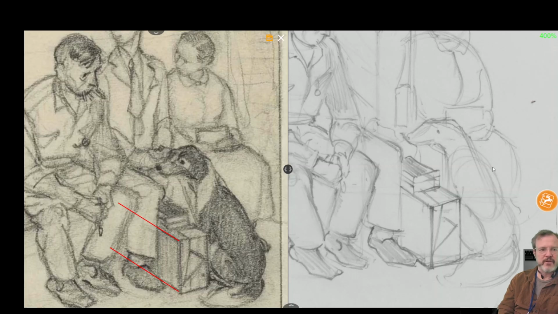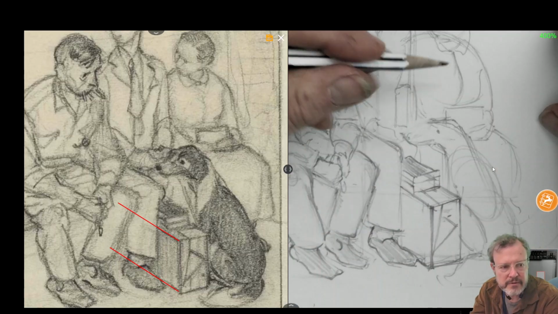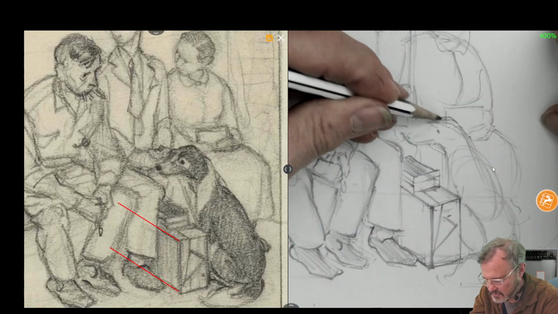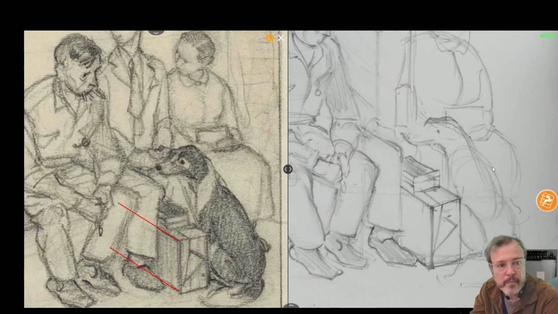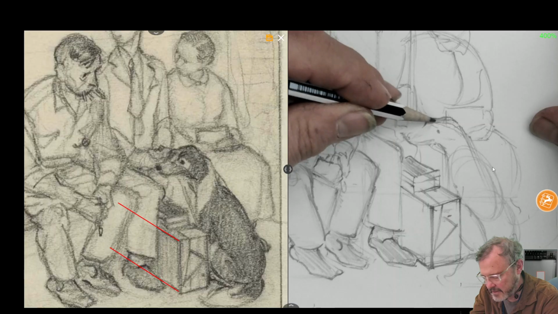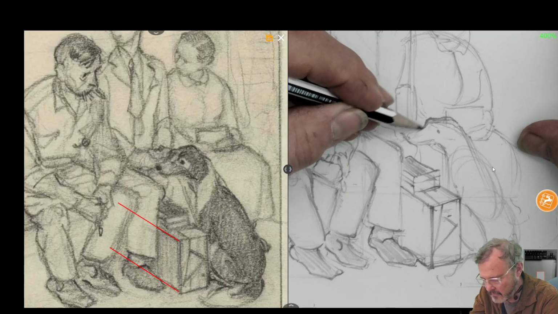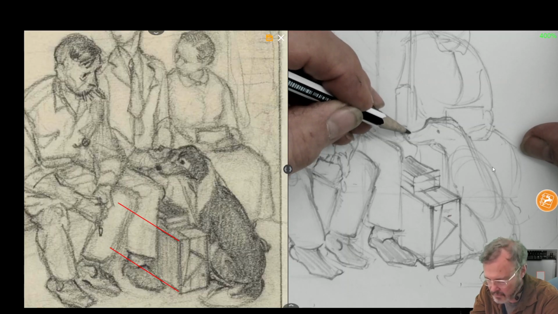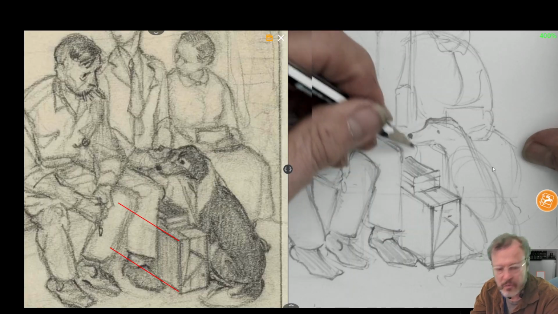Okay, so this dog head needs a little work, trying to figure out where. So this is like the eye socket of the dog. There's that dark little nose, looks better already.